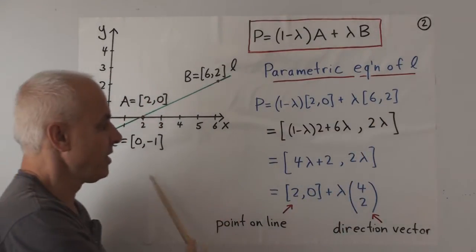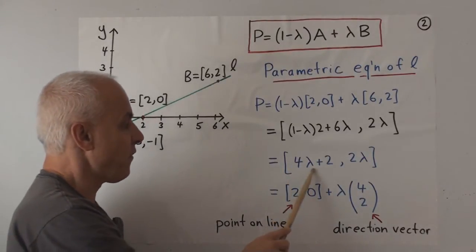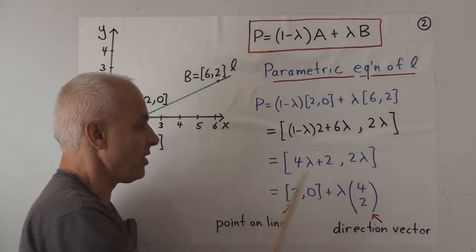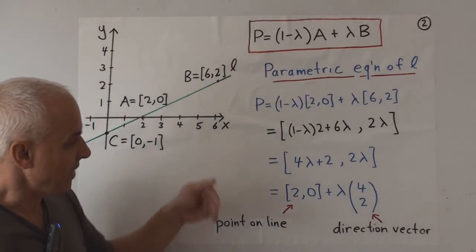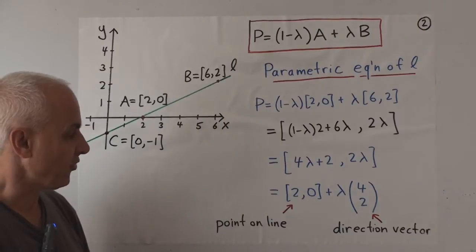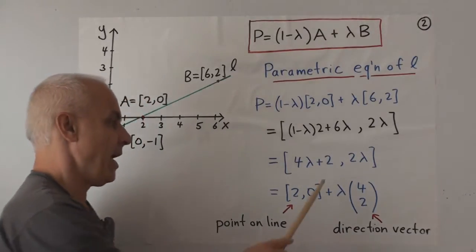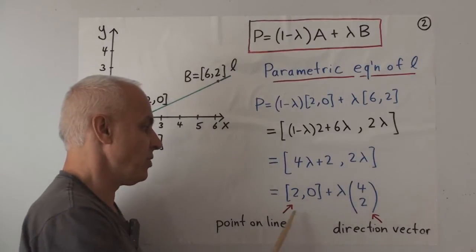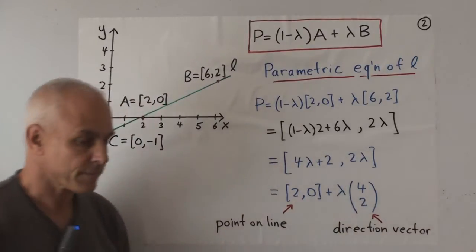If we expand out and bring the lambdas together and the constants together, we get altogether 4 lambda plus 2, comma 2 lambda. And we can leave it in that form, or we could also write it like this, which is instructive, to take the parts involving lambda out, and the point 2, 0 here, plus lambda times 4, 2.